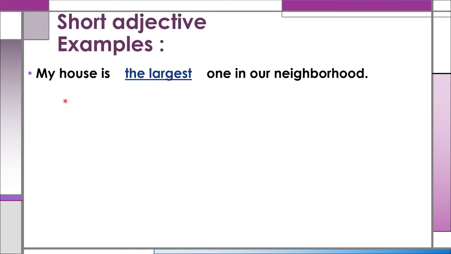My house is the largest, the biggest, in our neighborhood. So this is in superlative form, and this is a short adjective. In short adjectives, we use the with the adjective, then we add the suffix est: largest, the largest.